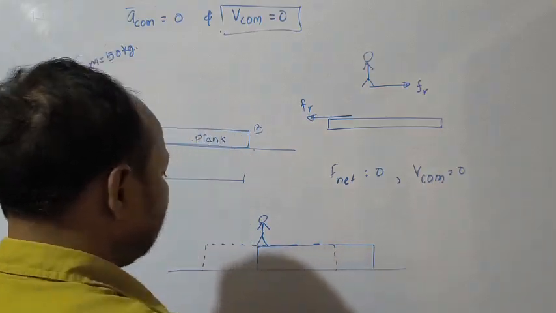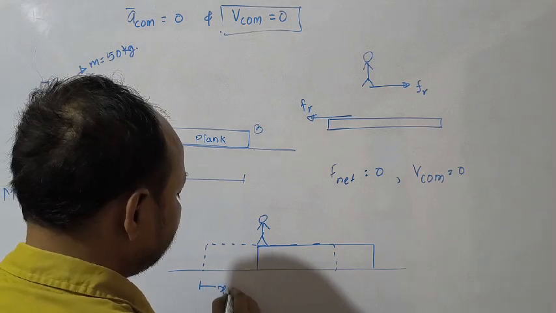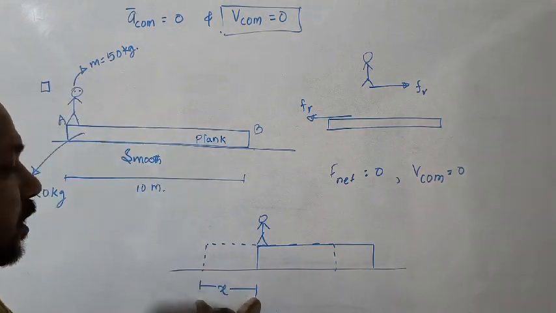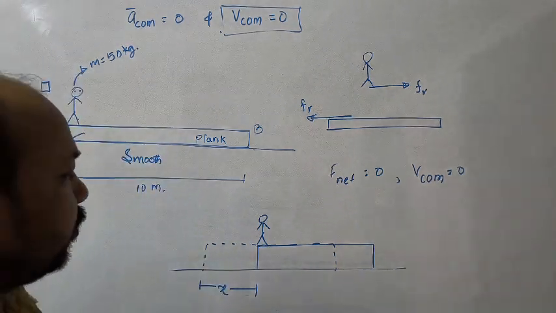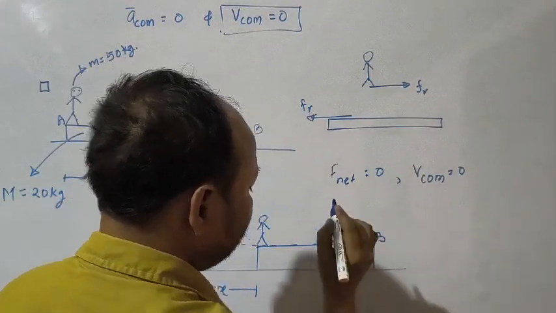So the plank has shifted up to x. This was end B, and now end B has shifted to this position.